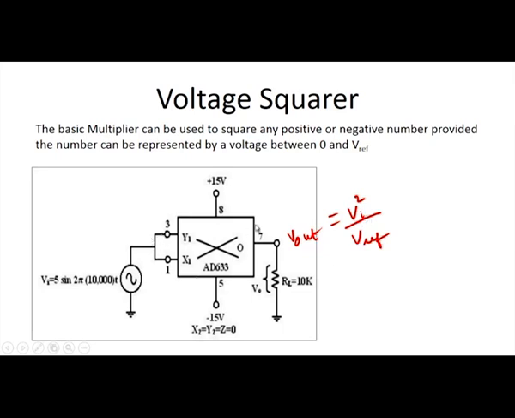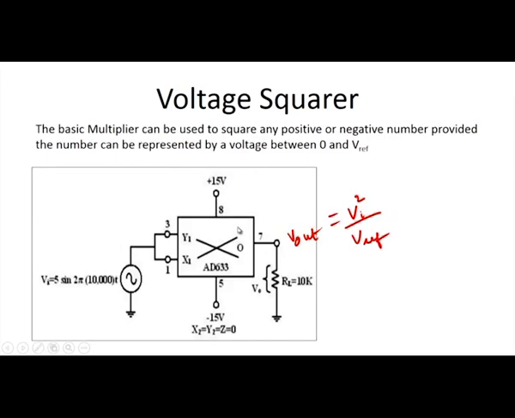Why? Because the output of the analog multiplier is Vx into Vy divided by V reference. If Vx and Vy are one and the same as Vi, then it is Vi square by V reference.